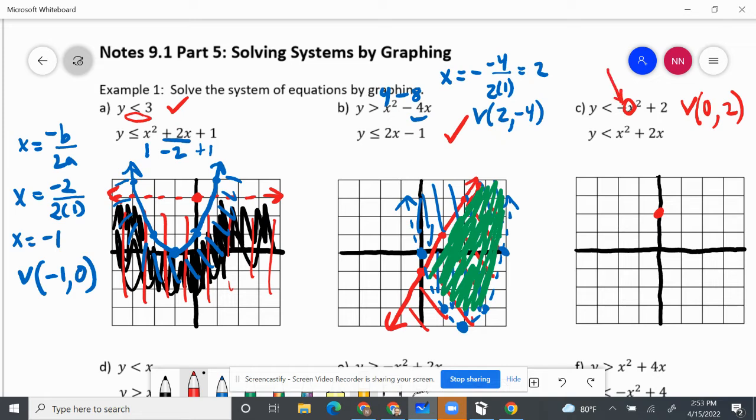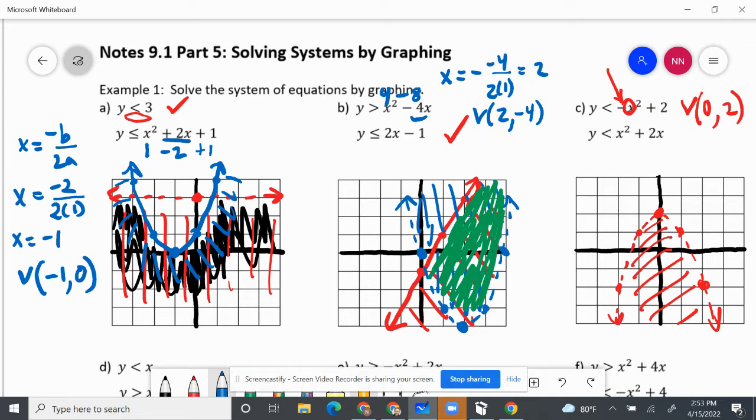That means instead of it going up, it's now going down. So I follow my same pattern for a quadratic, and I go down. It's, again, a dashed line. And less than, I look at my vertex, less than would be below. So that right there would be the shading.